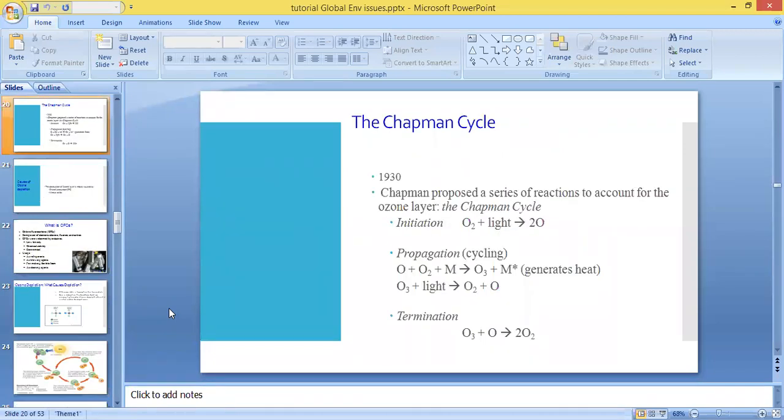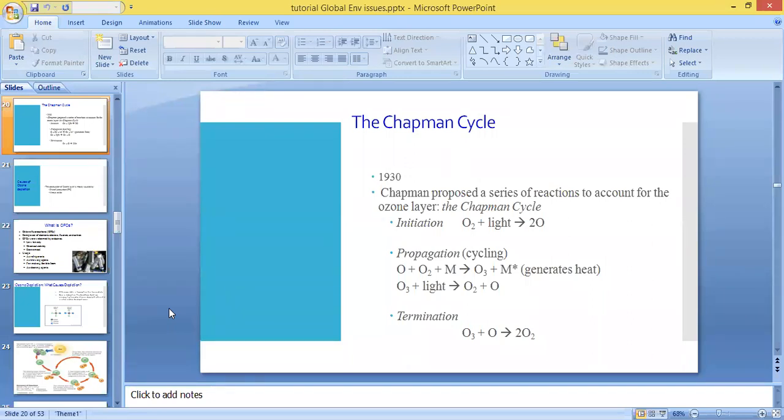Now the Chapman cycle. First of all, let us understand the meaning of the Chapman cycle. He introduced the cycle in 1930. He proposed a series of reactions to account for the ozone layer. The initiation reaction was O2 plus light, as we saw earlier, which gives rise to O plus O, which can be written as 2 times O. The next is propagation, that is O plus O2 gives rise to O3, that is ozone, and it generates heat in forming the ozone molecule.